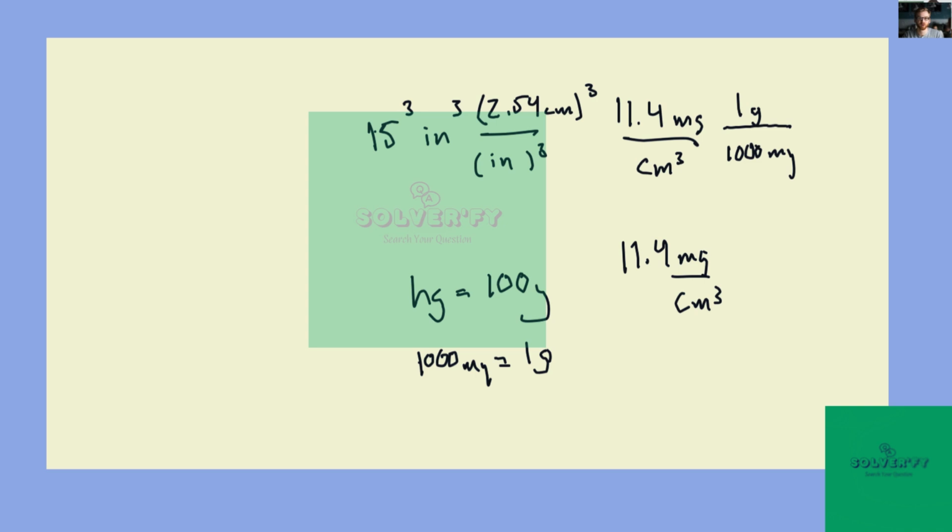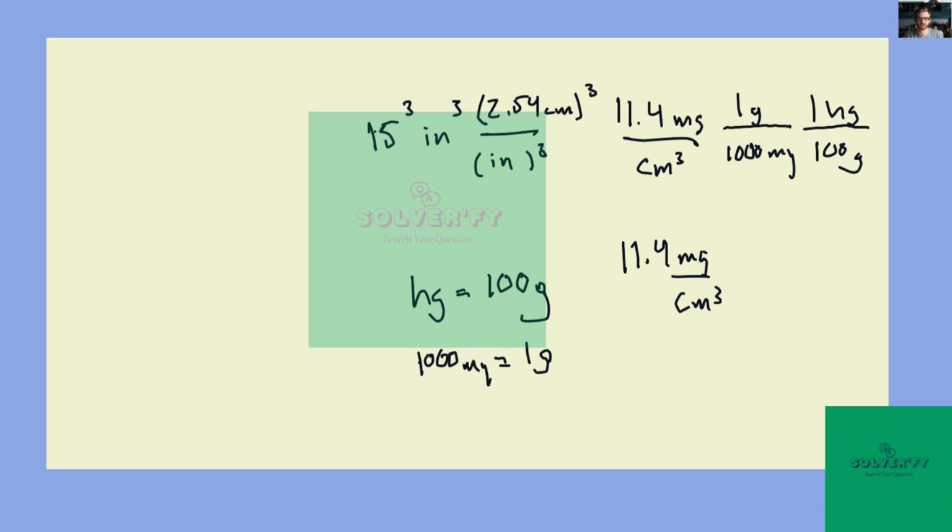And then our final term is going to be converting grams into hectograms, right? Okay, so 100 grams is equal to 1 hectogram. We have grams. We'd like to get rid of them, so let's put the grams on the bottom and our hectograms on the top.